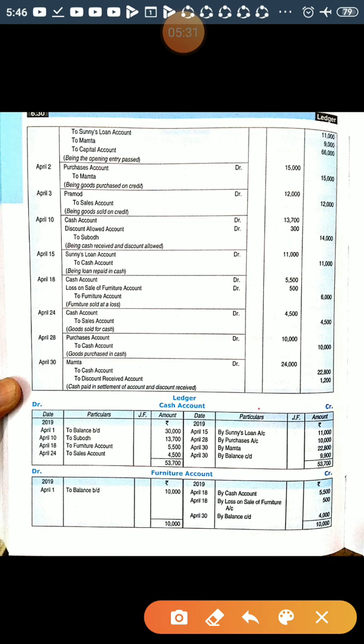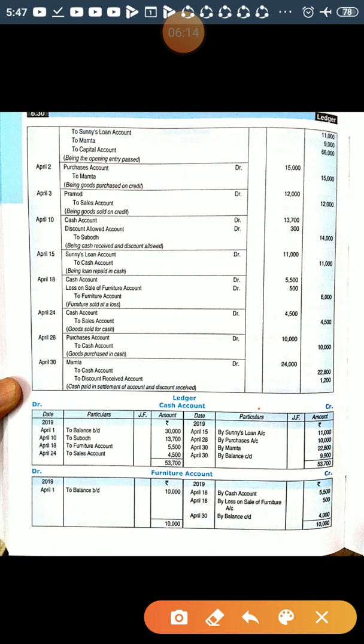Yesterday in the illustration, I balanced all the nominal accounts such as purchase account, sales account, and other nominal accounts, expenses and revenue accounts, for the sake of helping you understand how to balance the ledger. But in actual practice, all the expenses and revenue accounts are not supposed to be balanced.